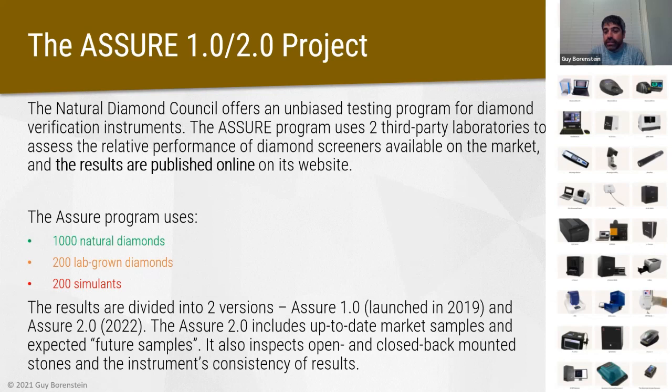And they also added in Assure 2.0 tests of mounted stones and instrument consistency of results, to see whether a stone gets the same results over and over.